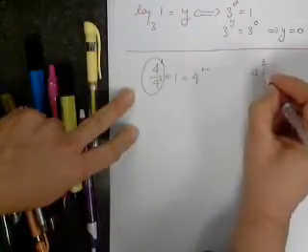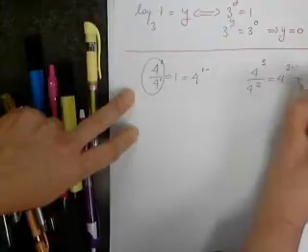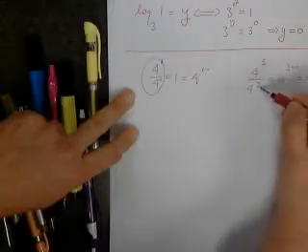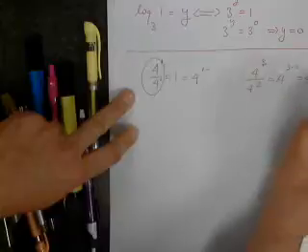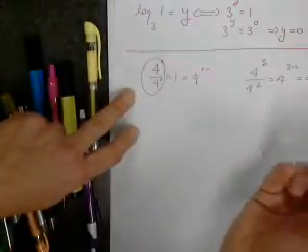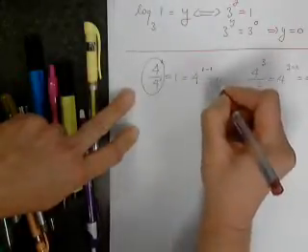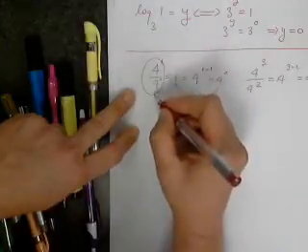So 4 to the third divided by 4 to the second power is 4 to 3 minus 2, which is 4, correct? I copy the base and subtract the exponents. 3 minus 2 and I get power 1, correct? So the same thing I do here. I copy the base and subtract the exponents. 1 minus 1. So this is 4 raised to 0. But it must equal 1 because 4 over 4 is 1.